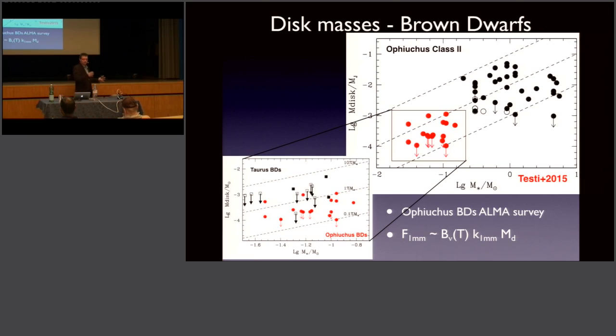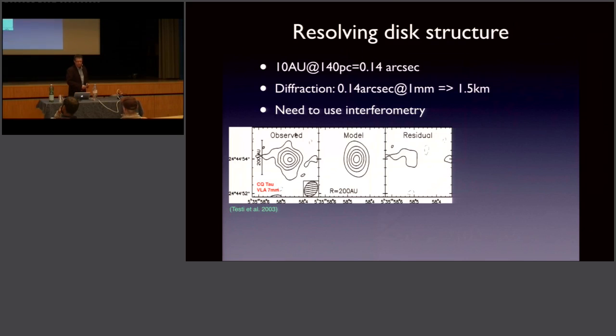Possibly brown dwarfs may be formed through dynamical ejection in multiple systems, or at least this becomes a viable possibility for a number of objects. That would explain why we don't have high mass disks here. We will get back to the brown dwarf disks again when we discuss the dust evolution this afternoon.